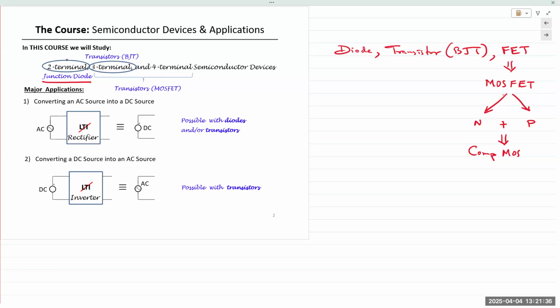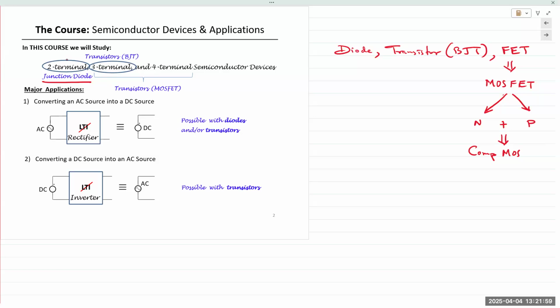Once MOSFETs were introduced, they determined a way to fabricate these devices. It exploded. It quickly took over the entire market. This is around the 70s and the 80s, and then just exponential leaps in technology. And now we are talking about billions and billions of transistors, all on the size of a pinhead.